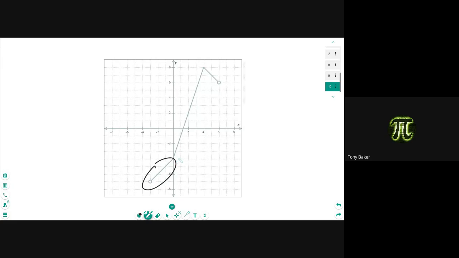Positive or negative? Positive. So from -3, which is an open circle, to 0, my slope is 1. That's that part of the derivative.